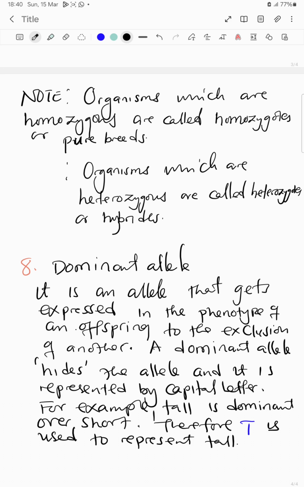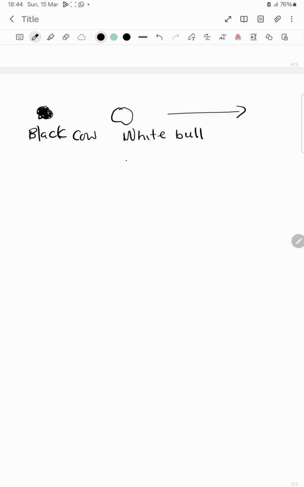Now, let me help you understand what we mean when we say it is an allele that gets expressed in the phenotype of an offspring to the exclusion of another. Suppose we have a black cow. It mates with a white bull. Now let's talk about the calf.